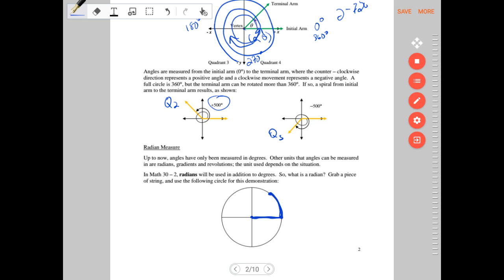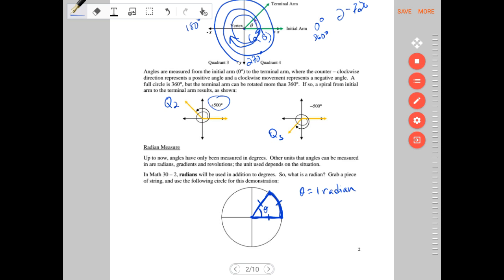And then I want you to draw this. Because this is a radius and this is a radius, those are the same length, and you also made this piece the same as those, so this is the same length as the other two. The angle produced here at the center is a measure of 1 radian. So theta equals 1 radian.